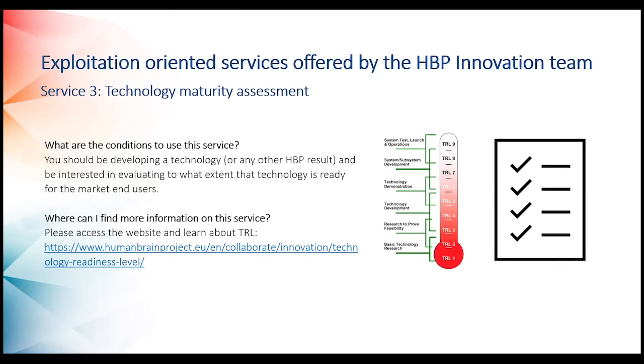Service number 3 is to help you very specifically in assessing your technology maturity, using the TRL scale. Everyone that is developing something interesting in HBP should do this assessment, and you will find this checklist in the link provided here.